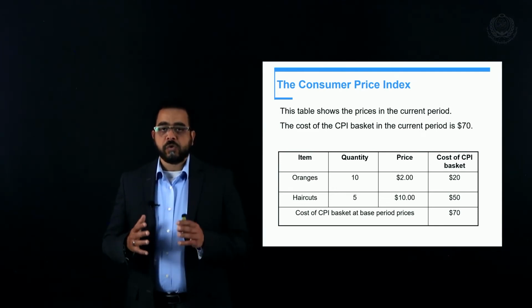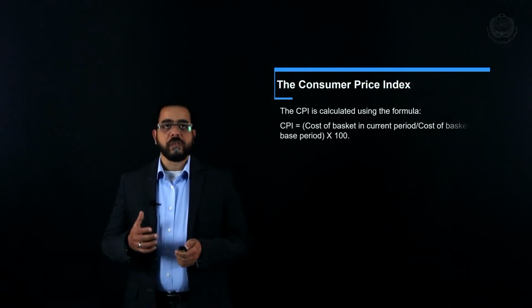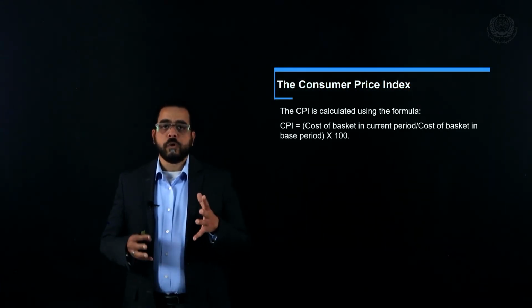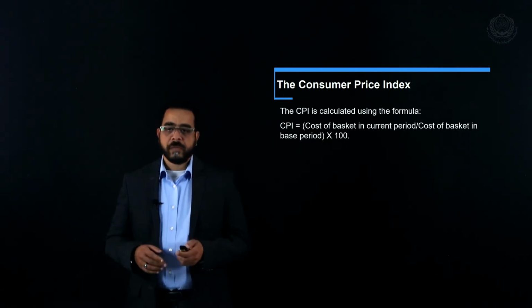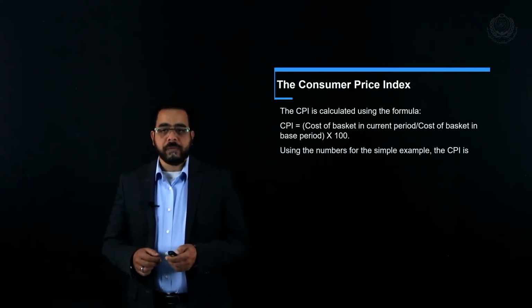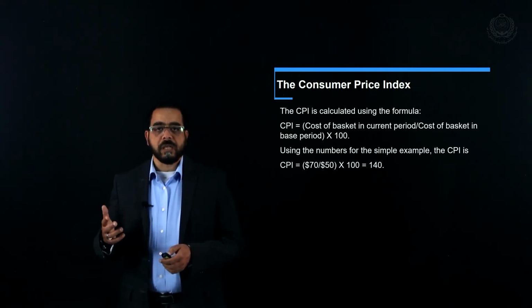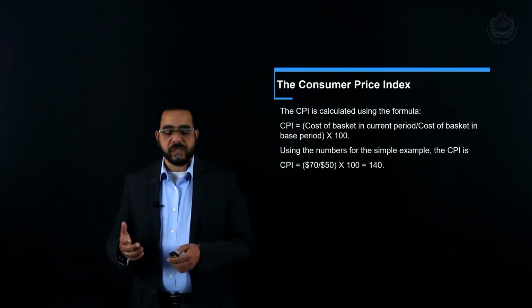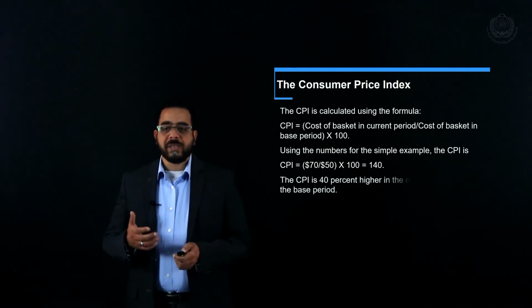Now we're ready to calculate the CPI. The CPI will equal the cost of the basket in the current period over the cost of the basket in the base period times 100. So if we use the same numbers, the cost of the basket in the current period was 70 and the cost of the basket in the base period was 50, times 100, it will generate 140. What does 140 mean?